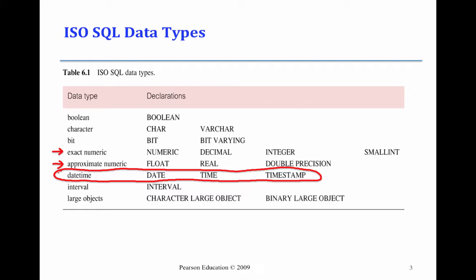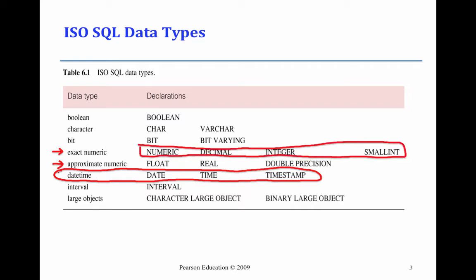You don't want 8.2199999, you want 8.22. So there are 4 ways to specify precise types, and 2 of these, numeric and decimal, involve floating point numbers and allow you to specify that they be stored precisely.